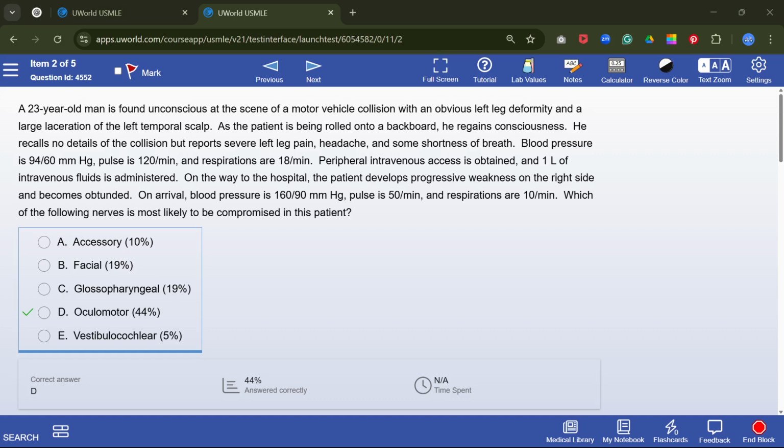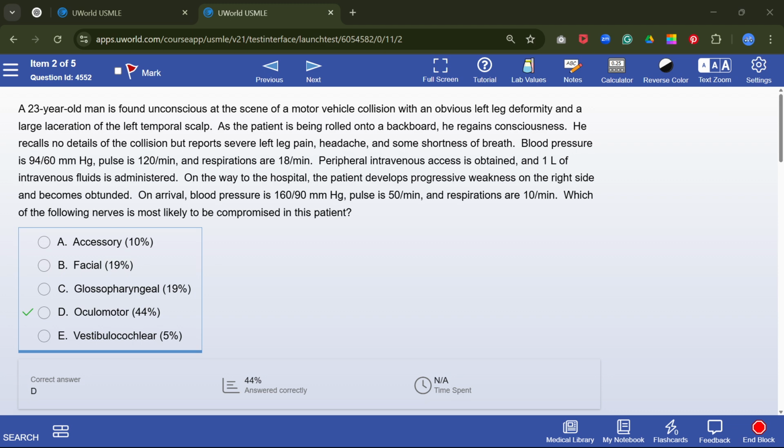As the patient is being rolled onto a backboard, he regains consciousness. So he actually lost consciousness. Now he regains consciousness. He recalls no detail of the collision but reports severe leg pain, headache, and some shortness of breath. Blood pressure 90 by 60.